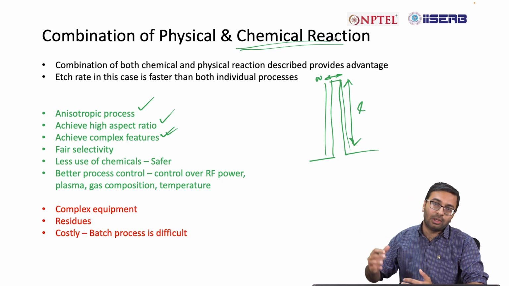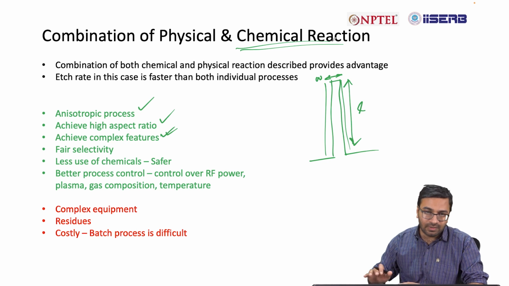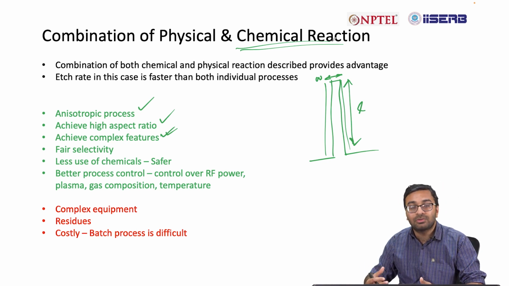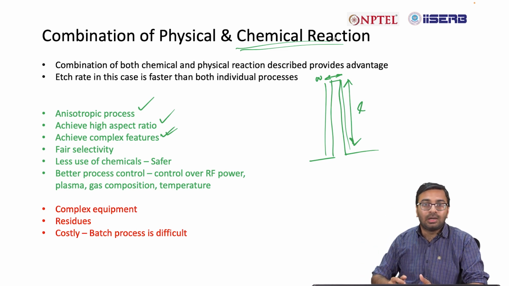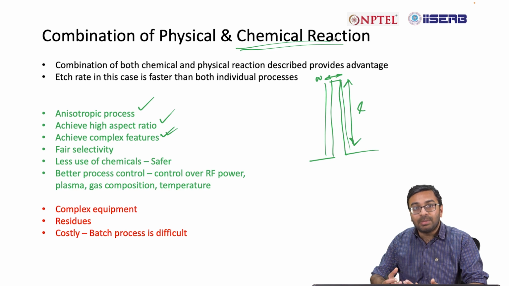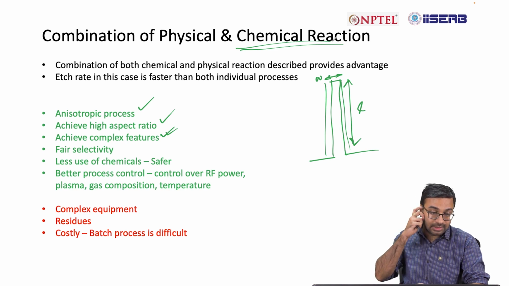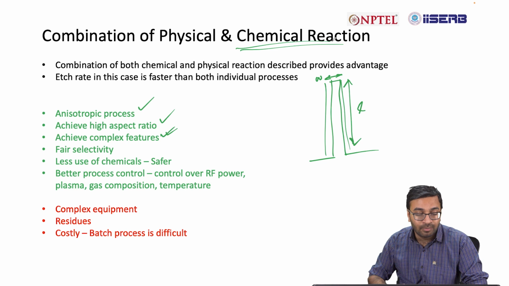The sputtering also transfers energy onto the surface of the thin film, and that energy helps to increase the chemical reaction between the plasma and the thin film. So this increases the selectivity in turn.